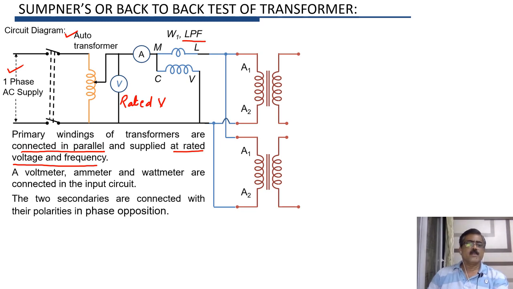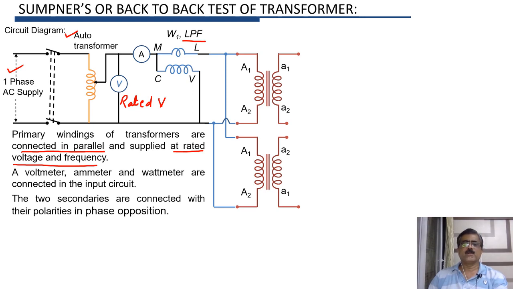Then the two secondaries of transformer are connected with their polarities in phase opposition. Now, here as the secondary side is LV side, secondary terminals are marked with small letters.